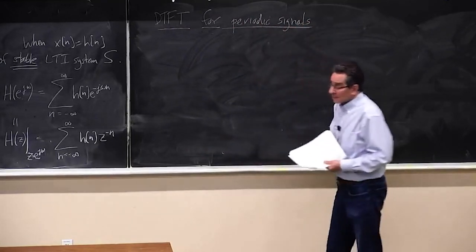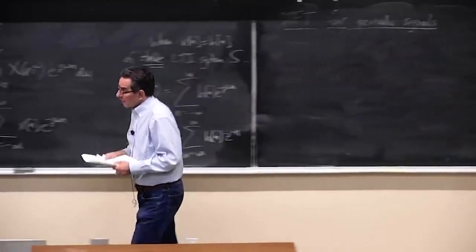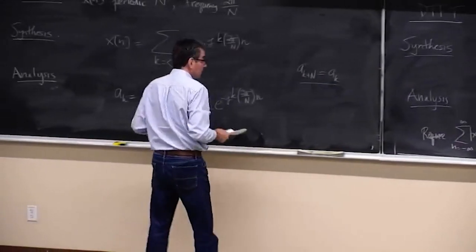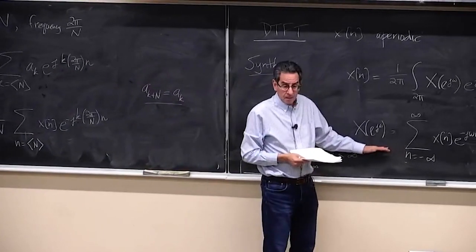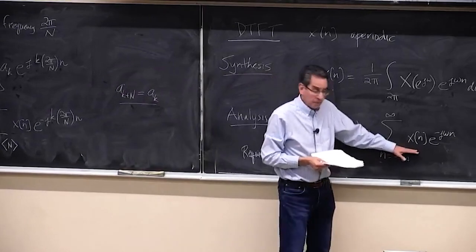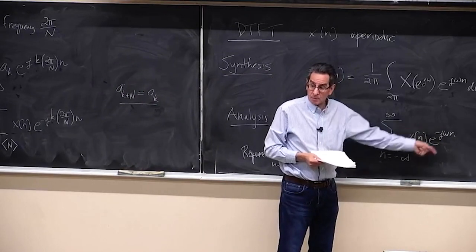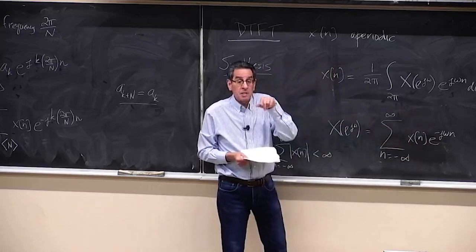And we basically play the same game that we played in continuous time. If we try to evaluate this directly for a periodic signal, we end up running into problems, just like when we tried to figure out the continuous time Fourier transform of e to the j omega t.